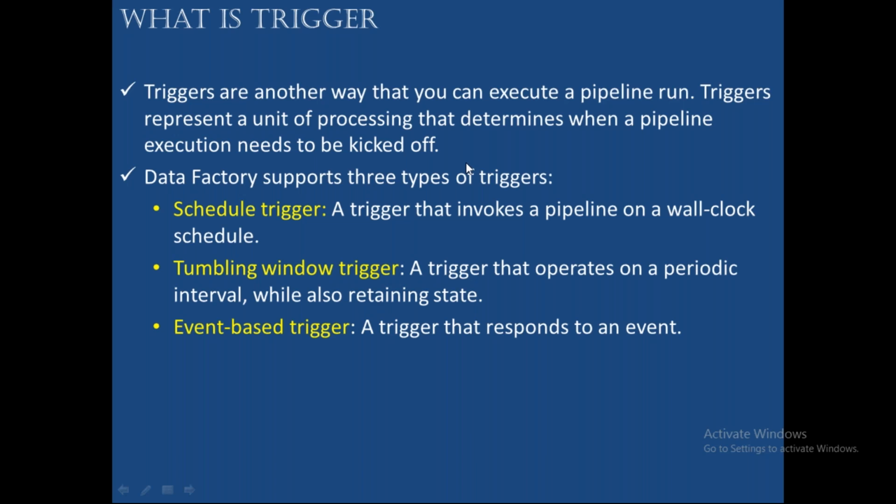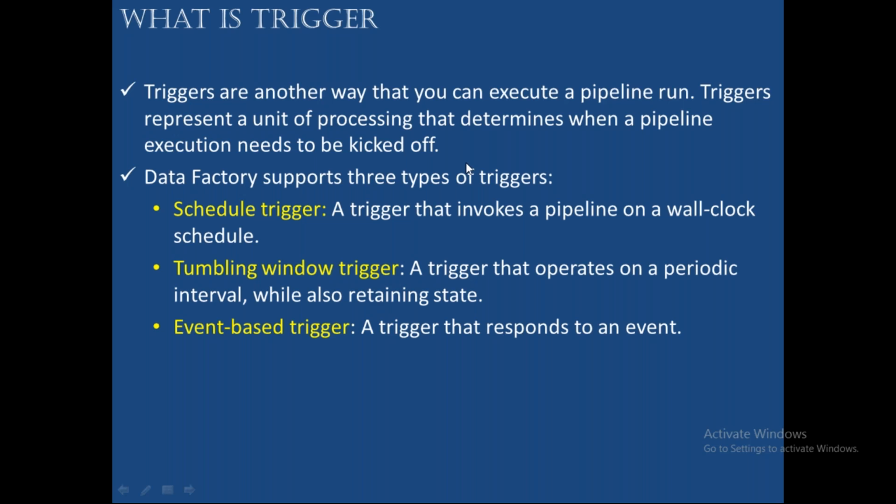Let's imagine I have trigger 1 and trigger 2, both scheduled triggers, and a pipeline 1. I'm attaching these two triggers to my pipeline. Now trigger 1 is going to run my pipeline at 6 a.m. and trigger 2 is going to run my pipeline at 6:01. So when my pipeline runs, it will overlap.